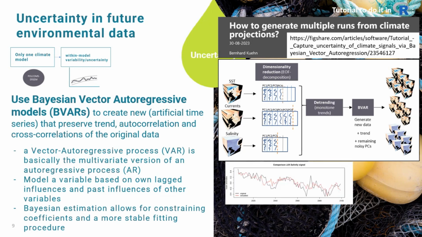And here are some examples. So this is like the salinity signal for the summer, for the projection periods from 2006 to 2100, and the original in black, and the red one is a simulated one, so the trend is preserved, and also the large scale oscillations.